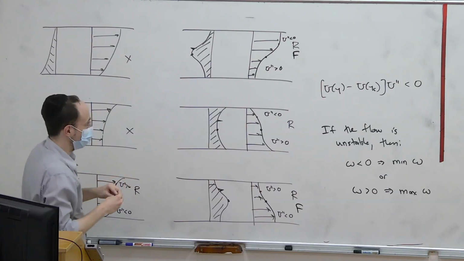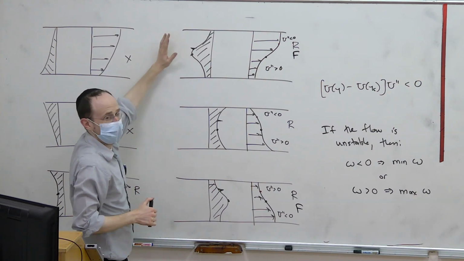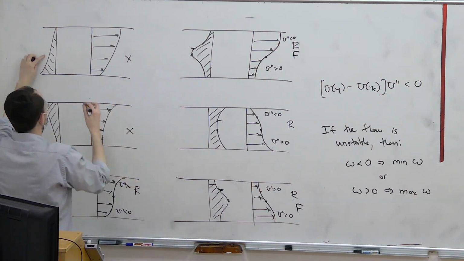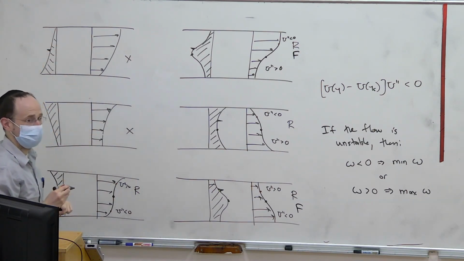For some reason, in this case the perturbation gets much, much worse. It grows and grows and grows. And yet, in this case, if you add a little perturbation, it's going to get smoothed out, right?